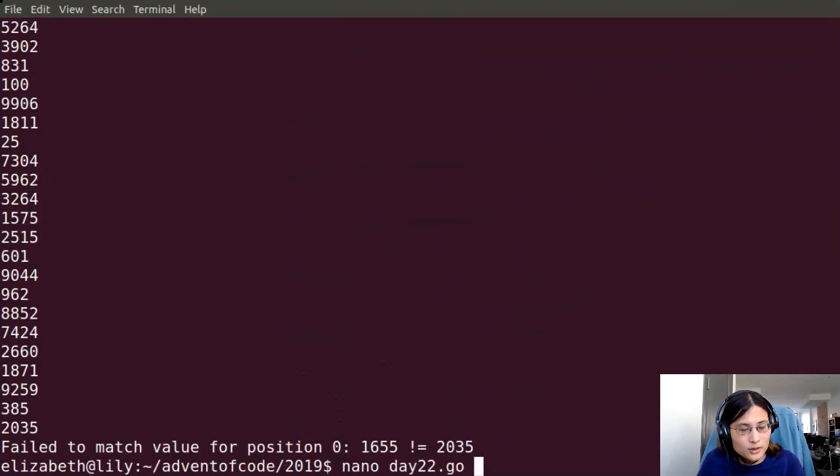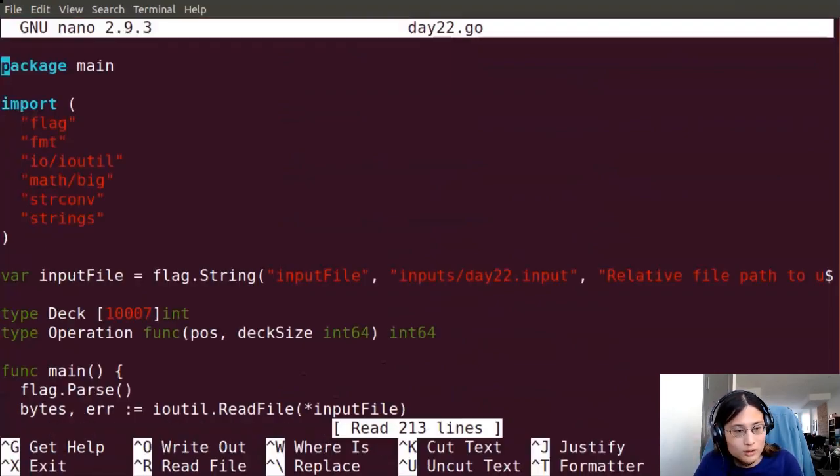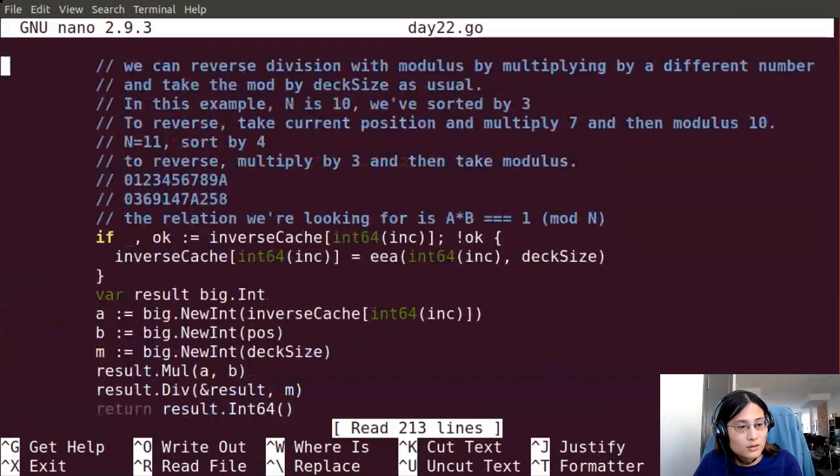What card is ultimately found in position 0?